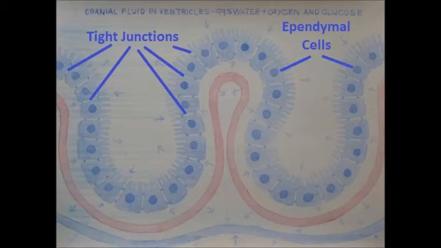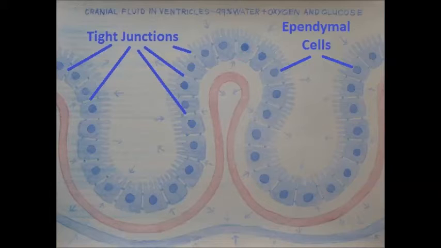And also in the choroid plexus, these are the ependymal cells which surround the whole of the ventricles, but as soon as they become the choroid plexus, they swap from being loose connections to tight connections that will only let water come through, and then it again chooses glucose, oxygen and salt and the different neurotransmitters.